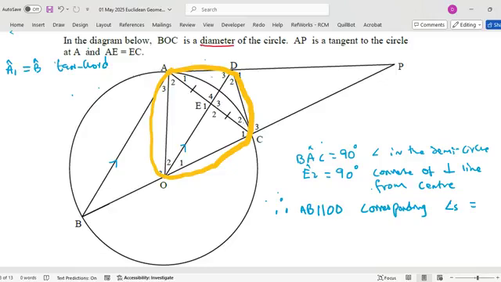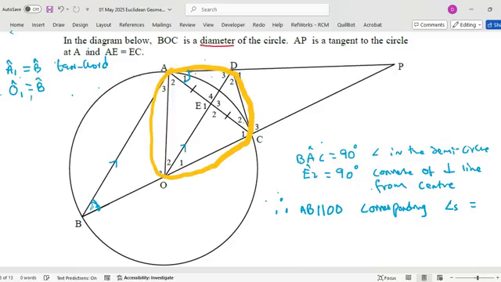So if this angle here is equals to this angle here, and we've proved that the two lines are parallel, then we also said that means O1 is also equals to B.